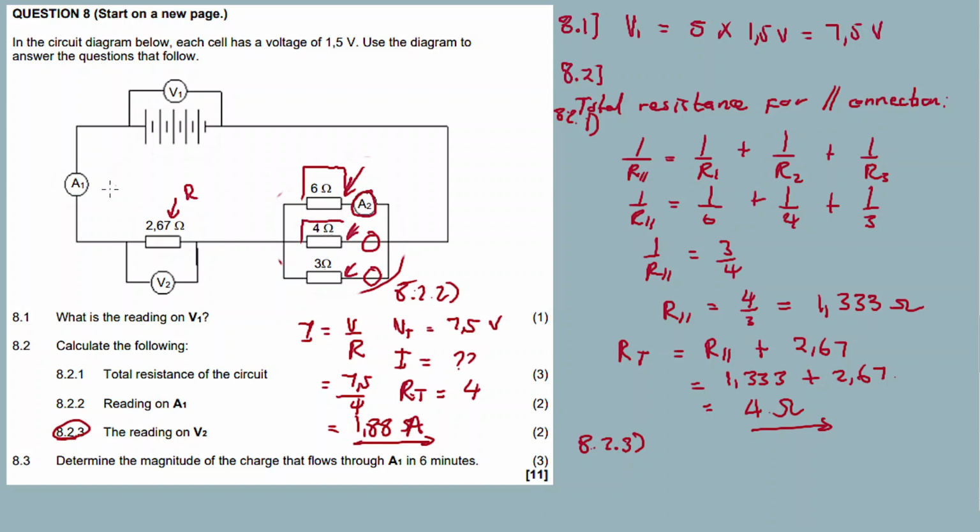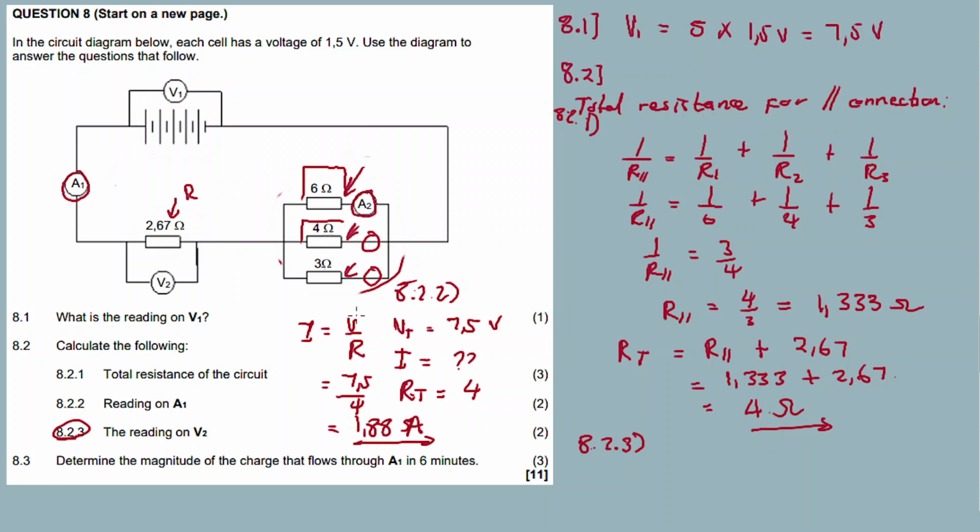So the current flowing through this resistor is the same as the total current for the circuit. Let's calculate.